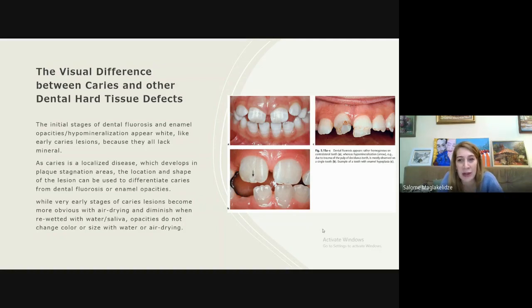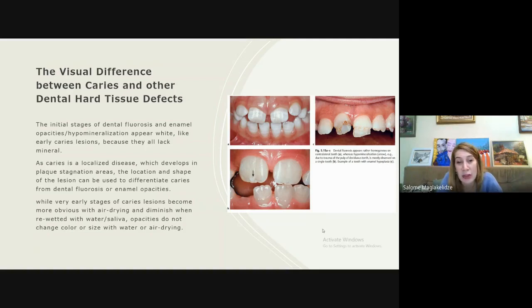Here I want to underline a very obvious difference between these carious and non-carious diseases. First of all, you could see that caries is a quite localized disease and it develops on the plaque stagnation areas, while fluorosis or opacities or hypomineralizations appear on the tooth surfaces, like on the frontal tooth, and it doesn't necessarily have to be on the plaque stagnation areas.